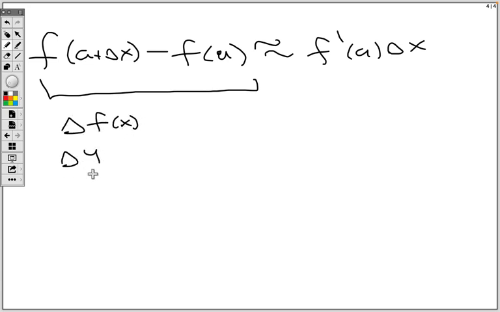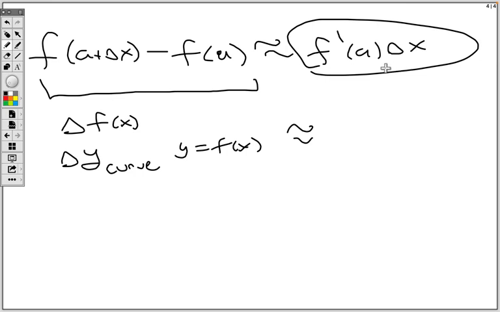This is the actual change in y on the curve, y equals f of x. This is going to be approximated by, what is this? Well, f prime of x is the slope of the tangent line. Delta x is the change in x. So this is going to give me the change in y on the tangent line. So this is the dy, which is the change in y on the tangent line.